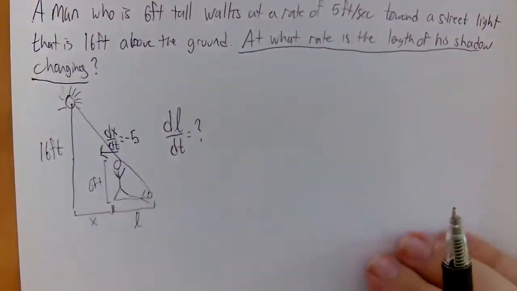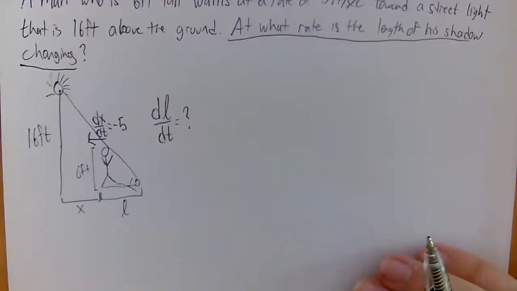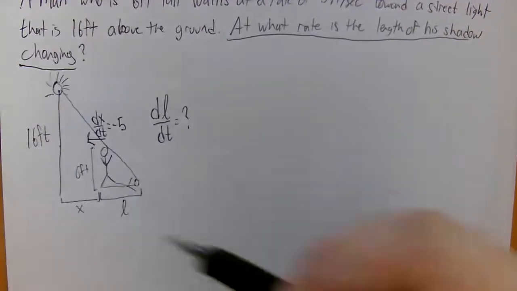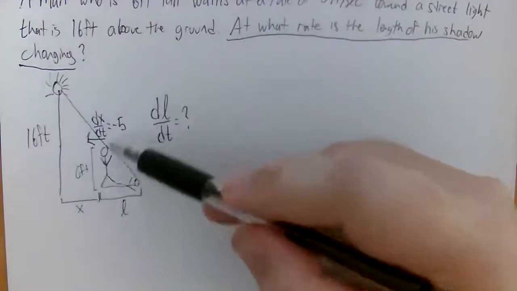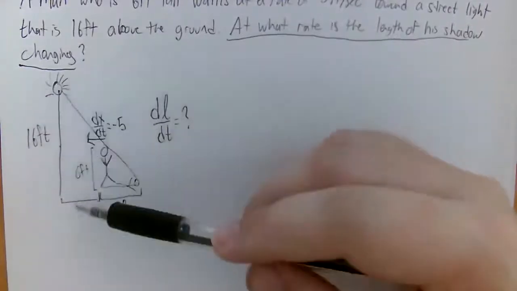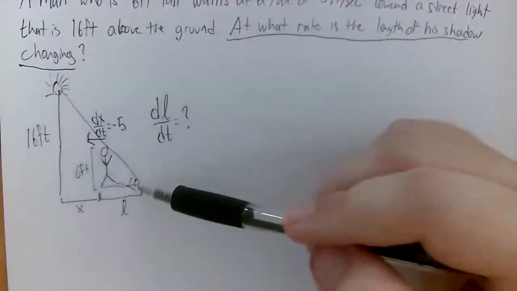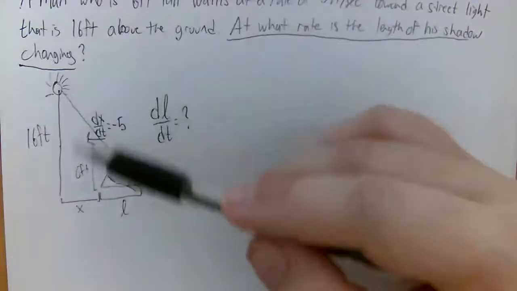All right, so we have our picture and we have all of our information given. So let's go ahead and set up an equation for this scenario. Now, just like in the last example, I'm going to be using similar triangles for this. So notice that we have two triangles going on here. We have this small triangle made by the man and his shadow, and then we have this larger triangle made by the lamppost, the distance from the man to the lamppost, and the shadow. So these triangles are similar. One is just a larger version of the other.